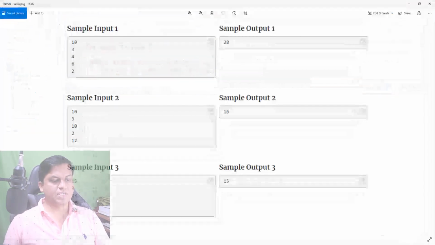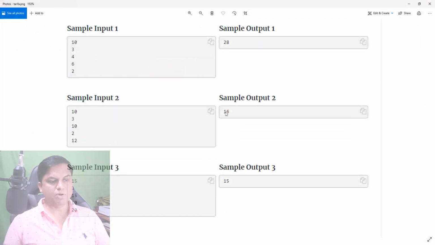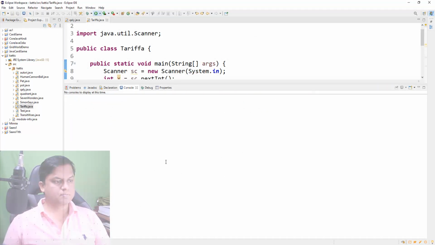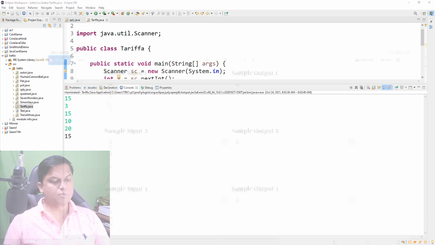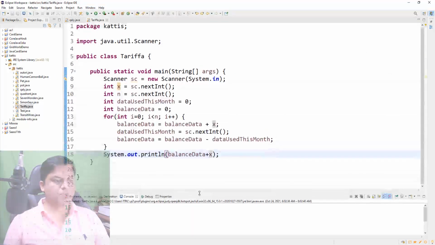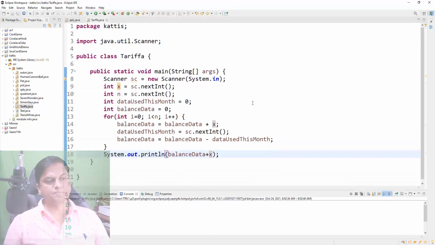Output is 16. Yes, we are getting our output. Then the last one, 15 3 15 10 20. We are getting our output 15. Yes. Okay. So this is our complete program that we solved now for our Tarifa problem.